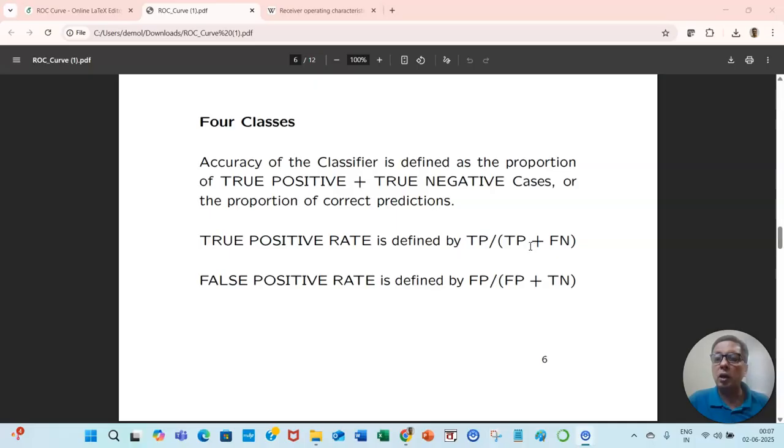So when we are predicting the positive class, how many times are we correct? That is the true positive rate. Then we have the false positive rate, which is FP by FP plus TN, false positive by false positive plus true negative.